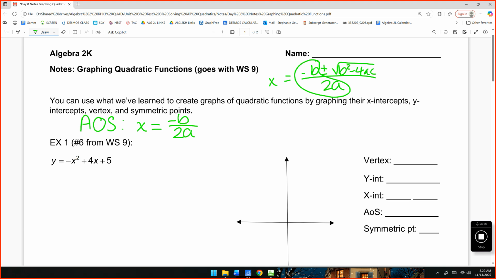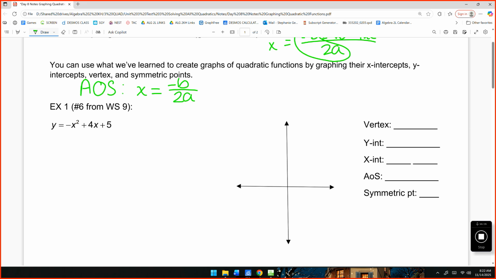And the quadratic formula solves for the zeros, or the x-intercepts. So one is on the positive side of the axis of symmetry, the other one is on the negative side. That goes to show that the axis of symmetry is in the middle, and everything else is just symmetric.